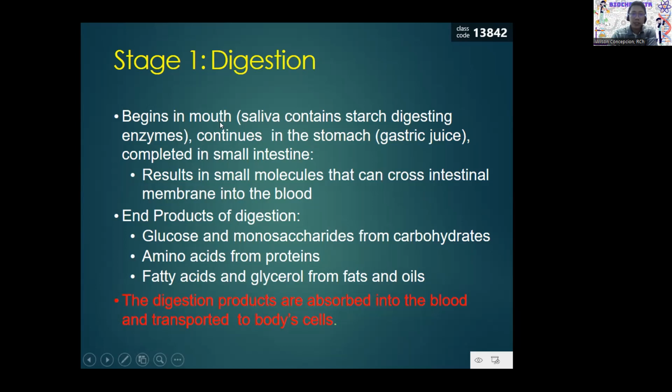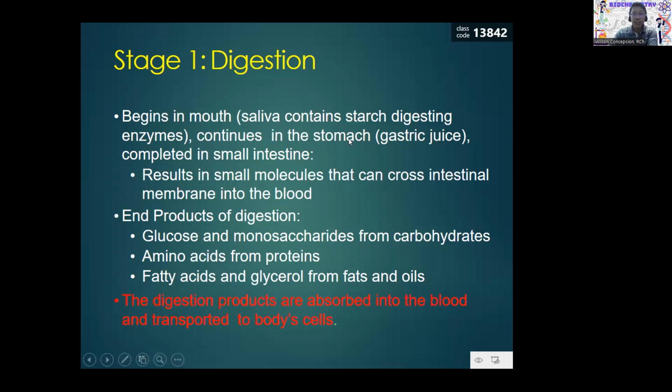After that, it will continue in the stomach. So what acid is present in the stomach? If naalala pa. What acid is present in the stomach? Ayun, correct ulit, Jim Red. So that is hydrochloric acid.